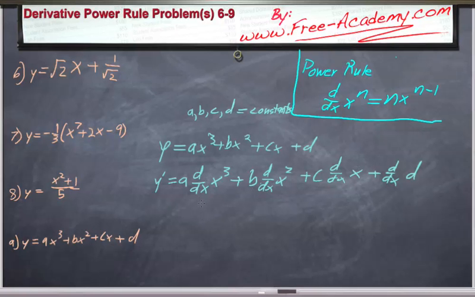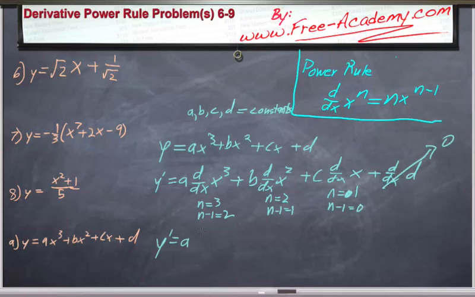So this is going to be a matter of just doing a lot of different power rules, and we'll get the answer. For the first term, n equals 3, n minus 1 equals 2. For the second term, n equals 2, n minus 1 equals 1. For the third term, n equals 1, n minus 1 equals 0. The fourth term is a constant, so its derivative is always going to be equal to 0.